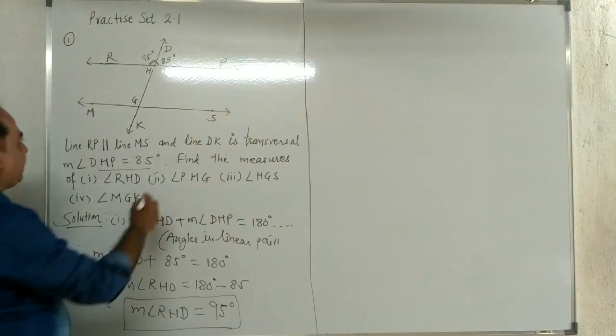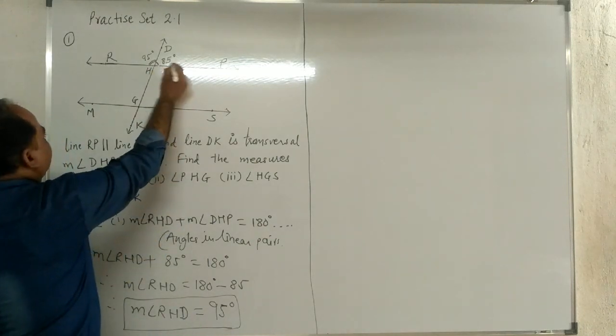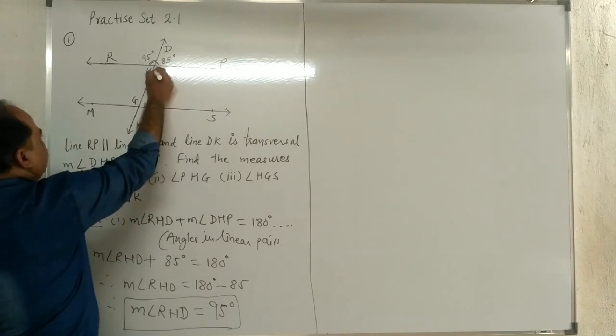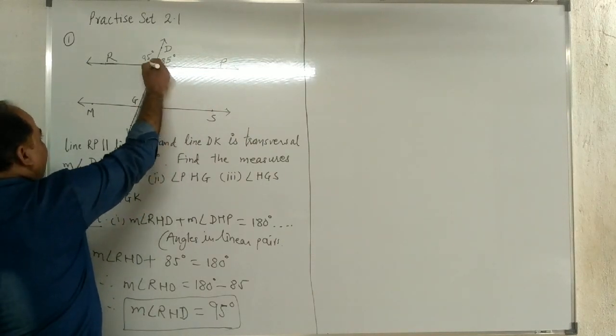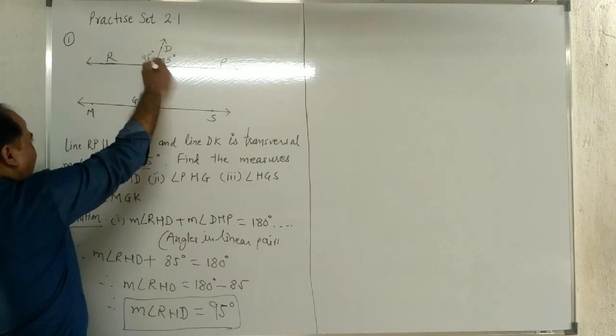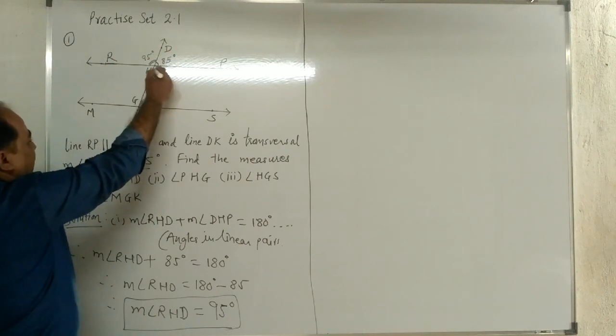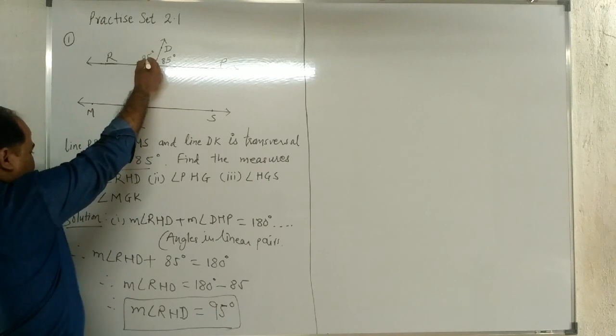Now the second one, measure angle PHG. Measure angle PHG and measure angle RHD are vertically opposite angles, and vertically opposite angles are equal.